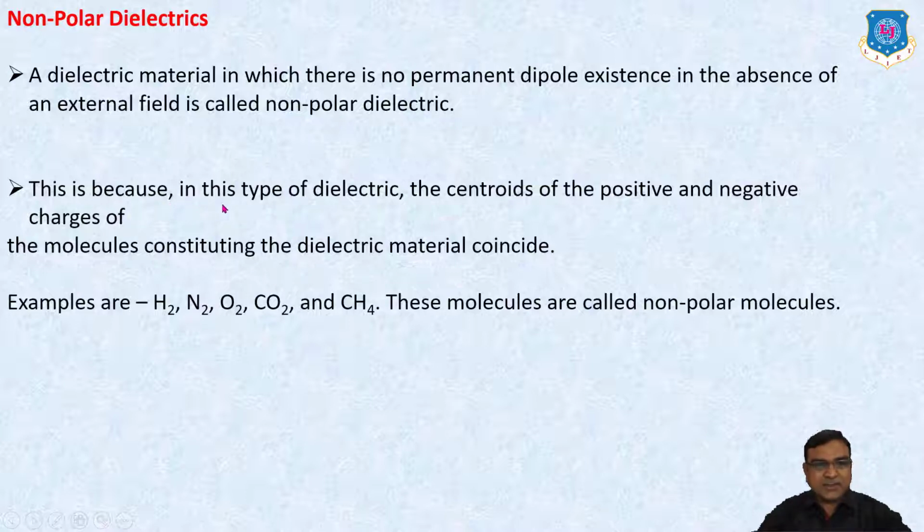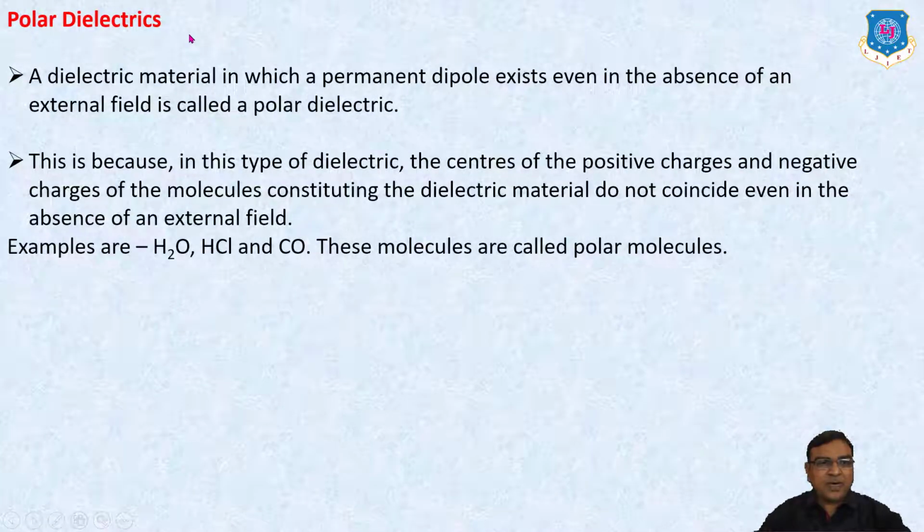This is because in this type of dielectric, the centroids of positive and negative charge of the molecules constituting the dielectric material coincide. Examples are hydrogen, nitrogen, oxygen, carbon dioxide, and CH4, that is methane. These molecules are called non-polar molecules.